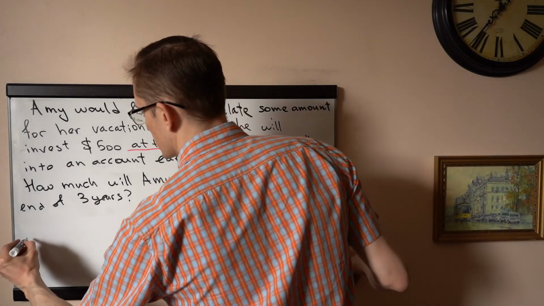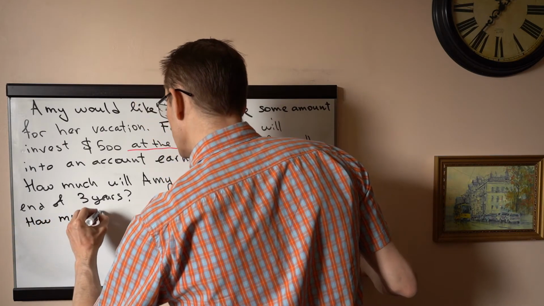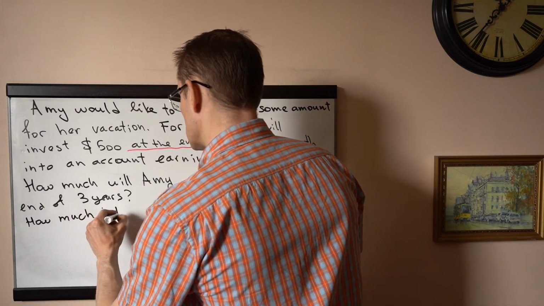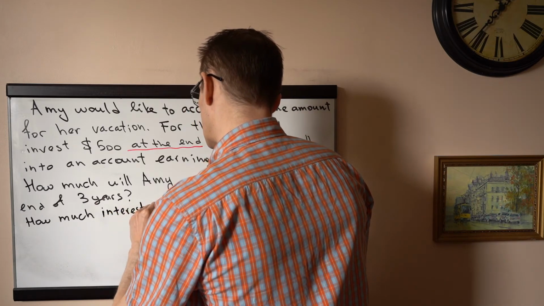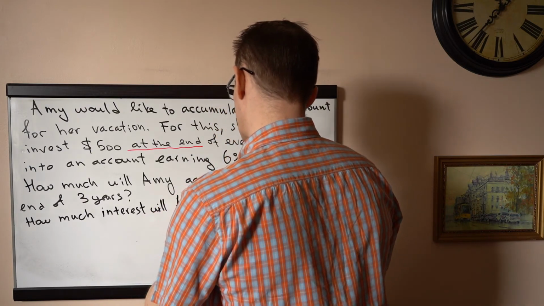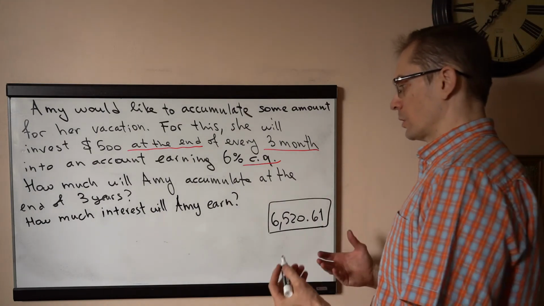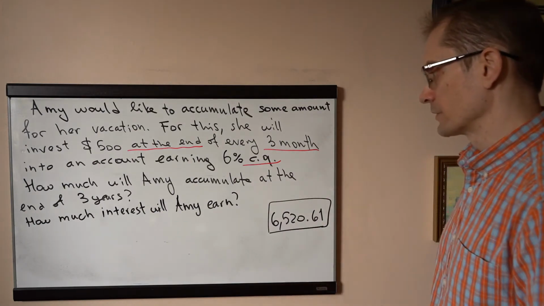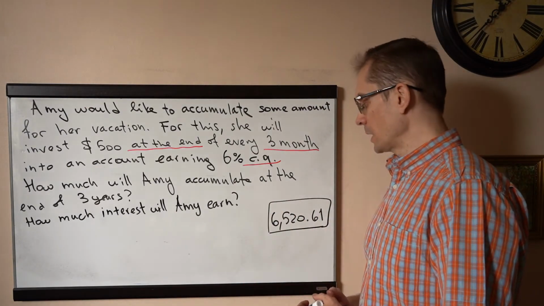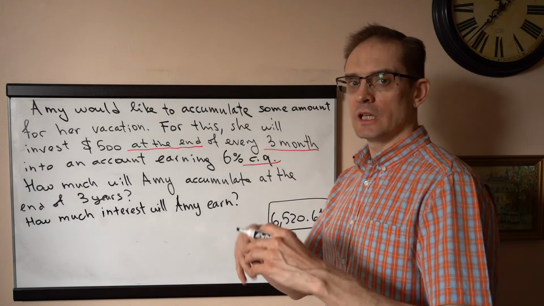But I want to ask this question now. Another question is, how much interest will Amy earn? So how do we find that amount of interest? In order to find the amount of interest for an annuity, we need to compare how much money will be accumulated with how much money will be paid.